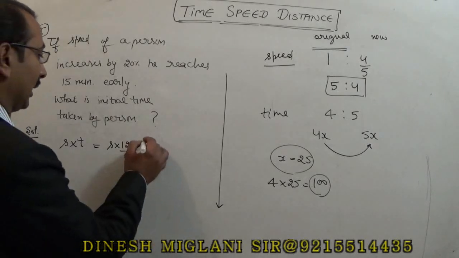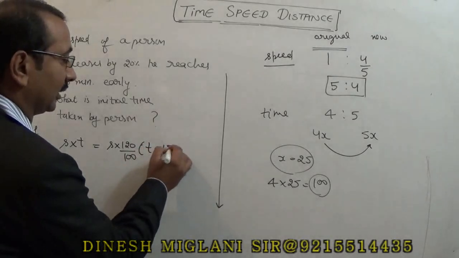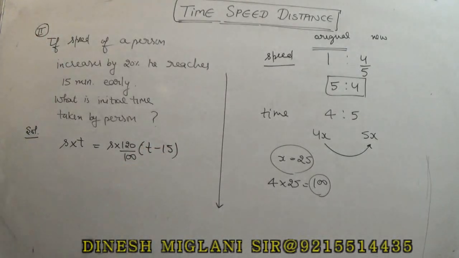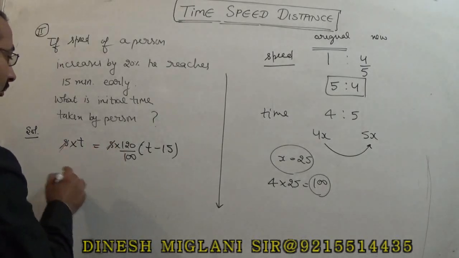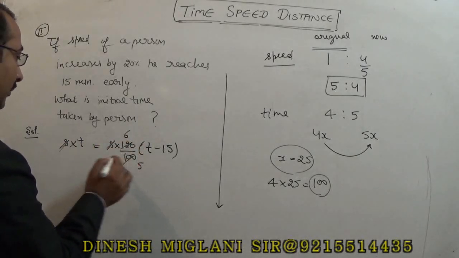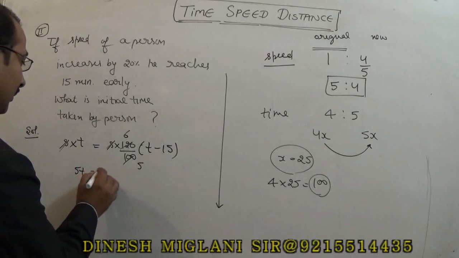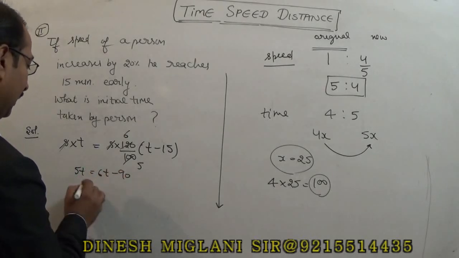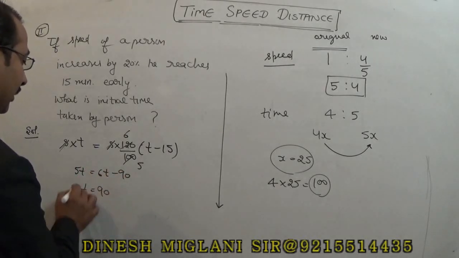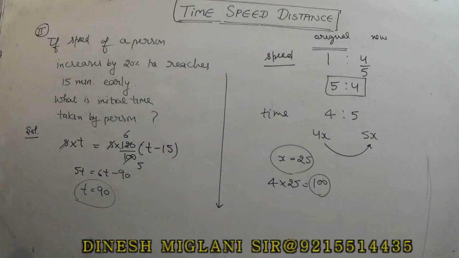It means time taken by him is 15 minutes less, t minus 15. I have to find the value of t. We can just solve it. S will be cancelled out. 5t is equal to 6t minus 90 and t is equal to 90. So we can say initial time taken by the person is equal to 90 minutes.